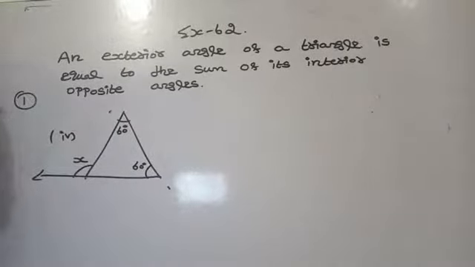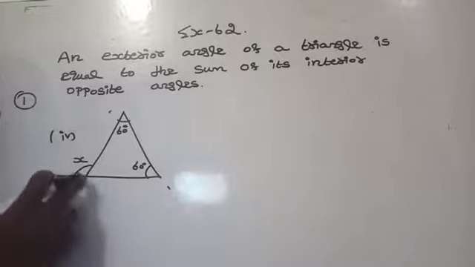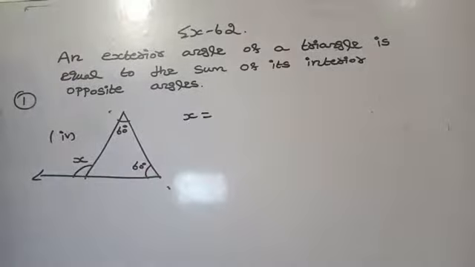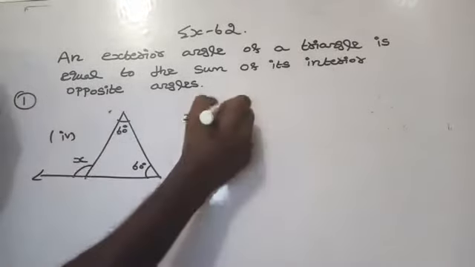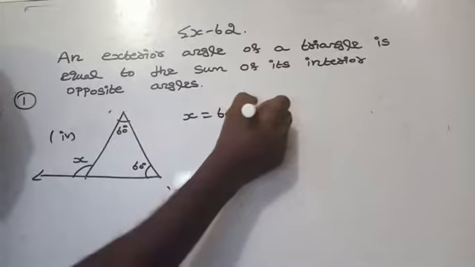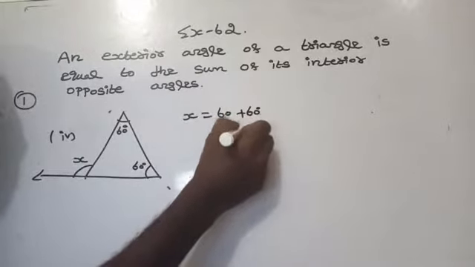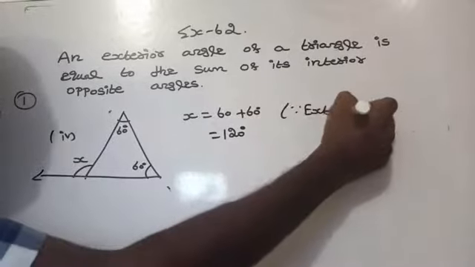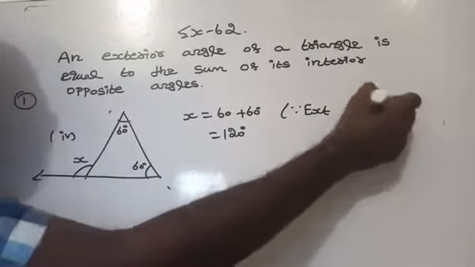Now, what is exterior angle sum property? An exterior angle of a triangle is equal to the sum of interior opposite angles. So it is an exterior angle, that is x, which is equal to sum of two opposite angles to the interior. What are they? 60 plus 60. 60 plus 60 is how much? 120 degree. Since exterior angle sum property of a triangle.